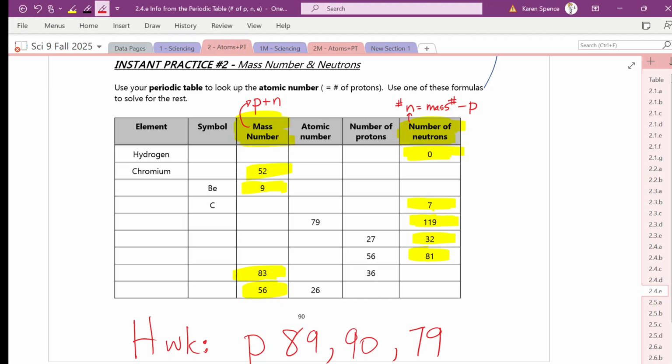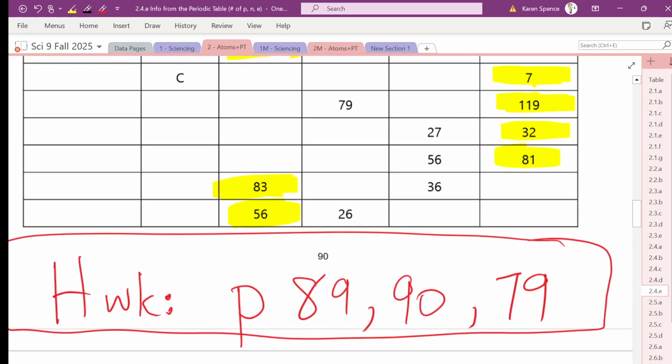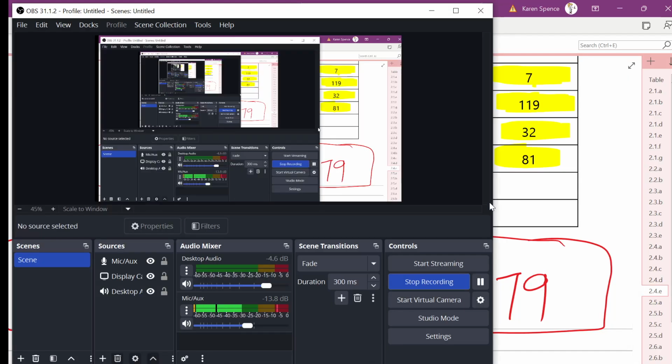Still not too much. Okay? 3 pages. You might even be able to get it done in the next 10 minutes.